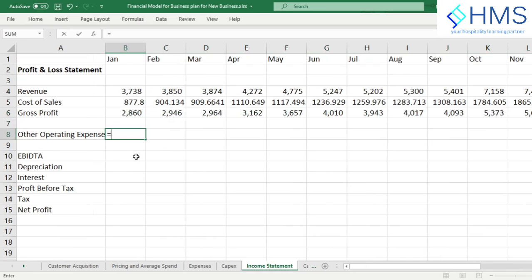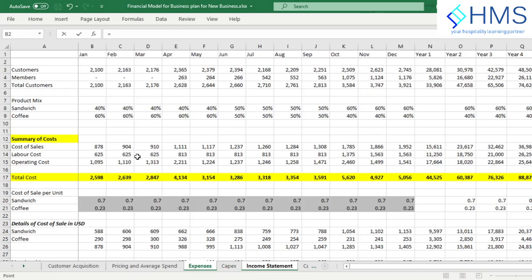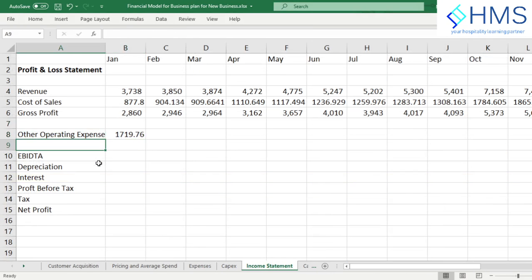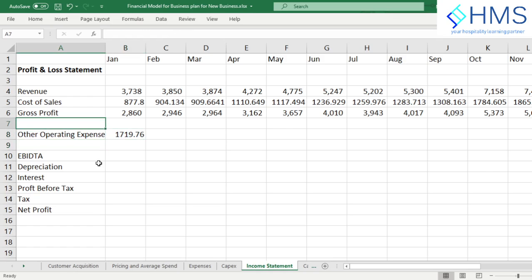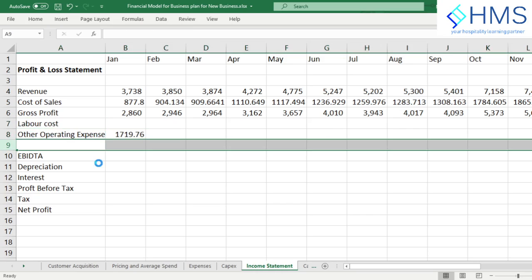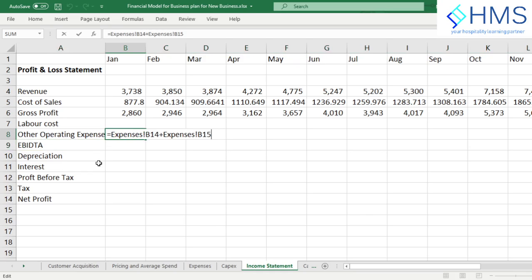Then you have other operating expenses, which are going to be your labor cost plus your operating cost, or you can make it separately. That's fine as well. So let's say you have a separate labor cost. So you don't need to merge them together.